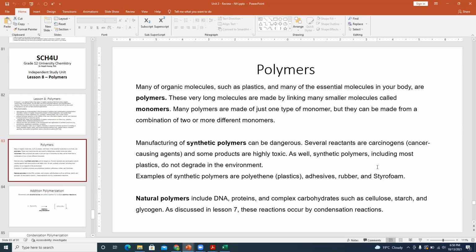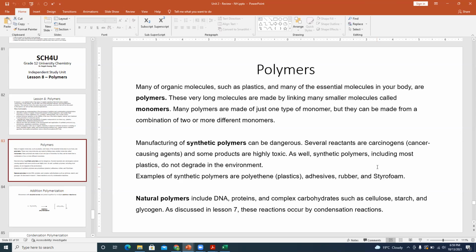Some examples are polyethylenes, which are usually what you find in plastics. A lot of plastics have the designation PE on them, polyethylene, that's one type of plastic. Lots of adhesives and glues, rubbers, styrofoams, these are all made out of synthetic polymers.